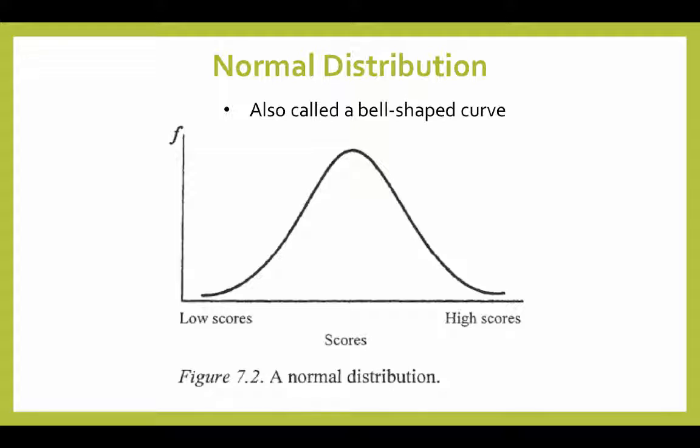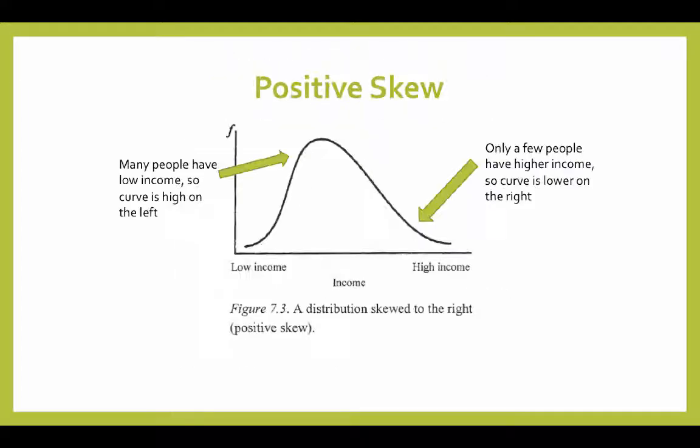It's not something I want you to know a ton, but I want you to know that you need normal distribution for a number of inferential statistics. There are 2 reasons why normal distribution is important. Its shape is very often found in nature, so it's usually normal, and we use it as a basis for a number of inferential statistics.